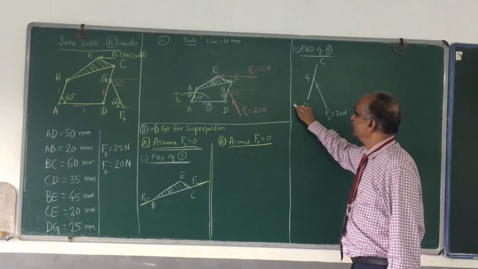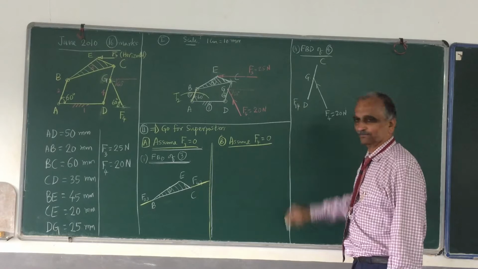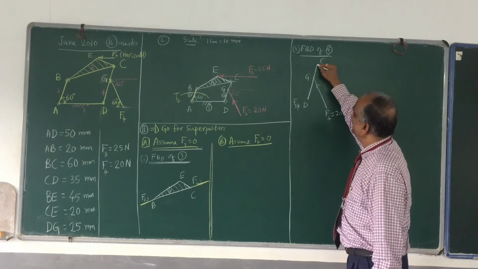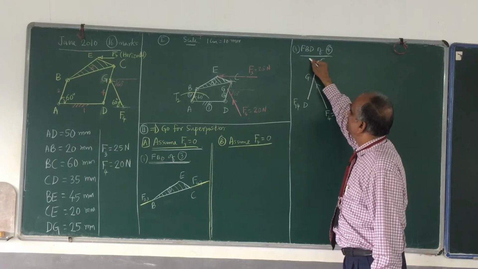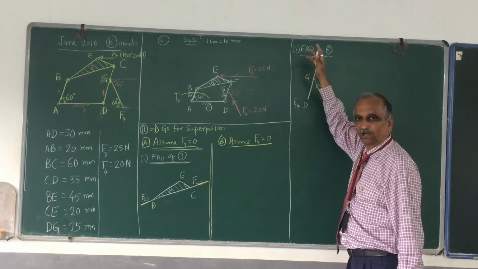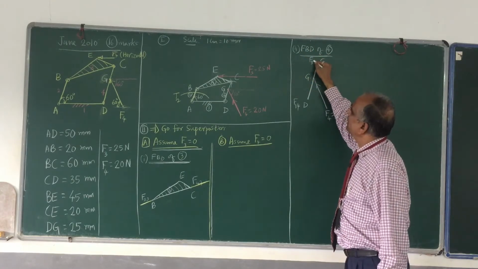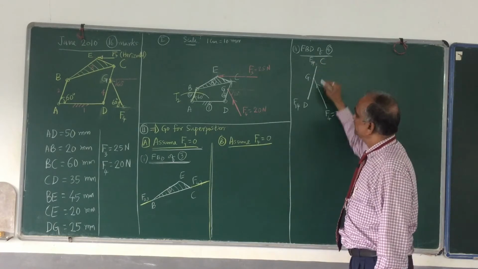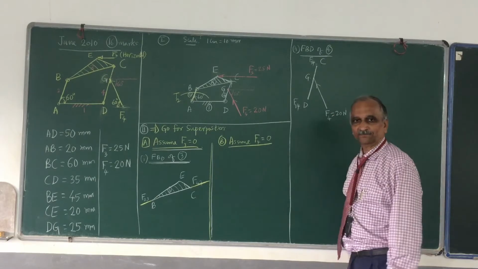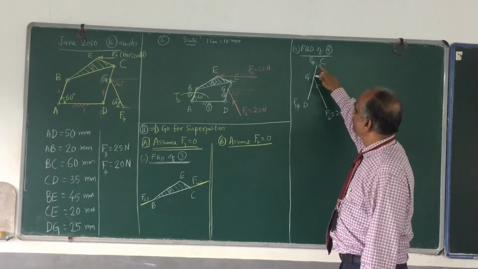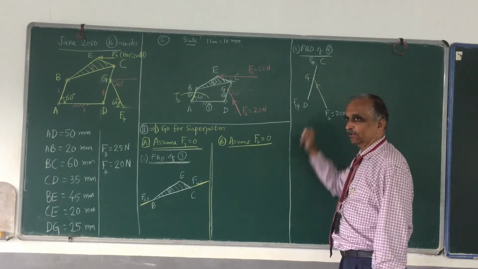What is the name of that force? That is the F1,4 force. And at C, I have another force. What is the name of that force? That is the force from 3 acting on 4, F3,4. Where does this F3,4 act? At C. And the other acts at D. Do you have any idea about F3,4?